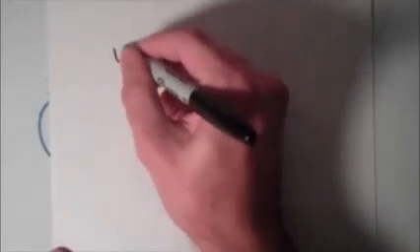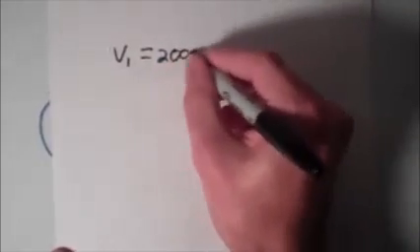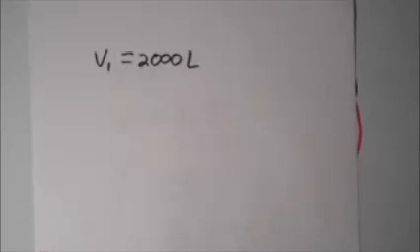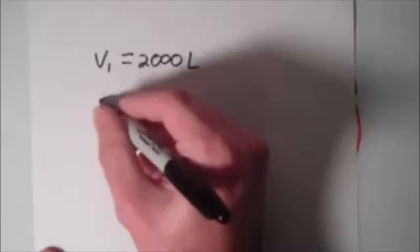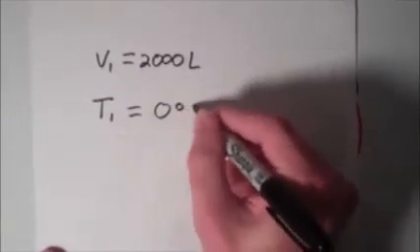So suppose you have a gas, and this gas is occupying 2,000 liters, so I'm going to put V1 equals 2,000 liters. And suppose the temperature of this gas when it's 2,000 liters is 0 degrees Celsius.